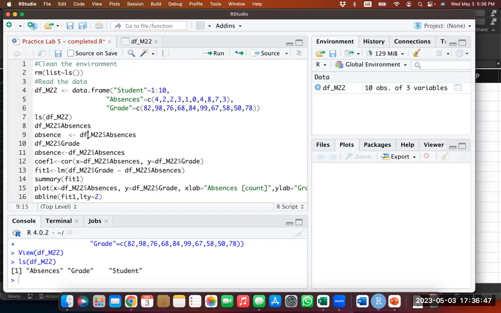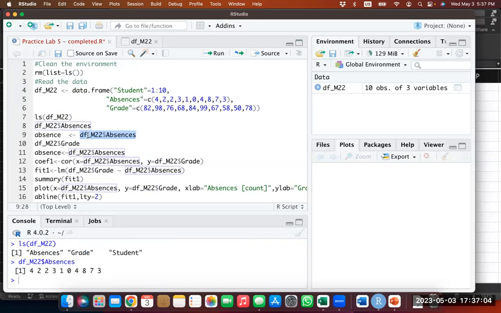So DFM22 and absences, and we talked about this. This is how you address variables in your data frame. If you just select DFM22 absences, you just get the absences. So it addresses only that variable.